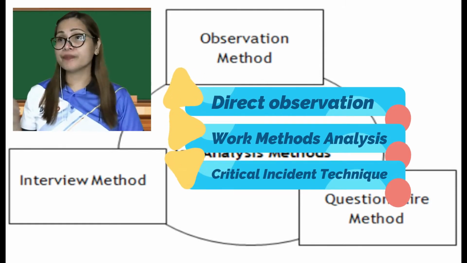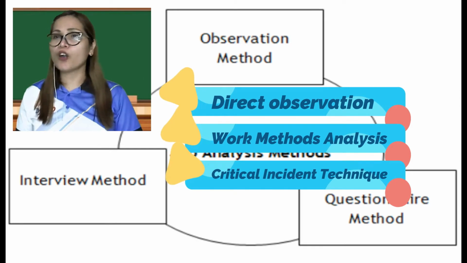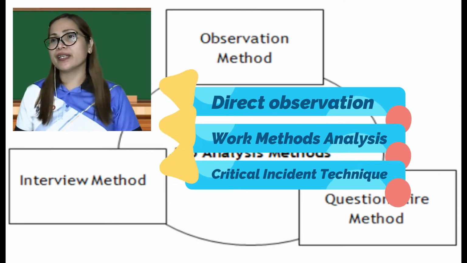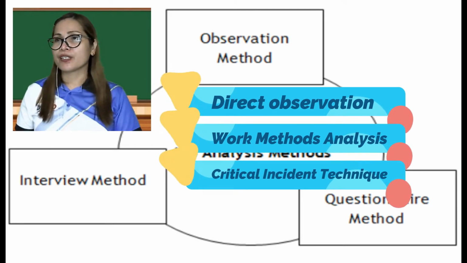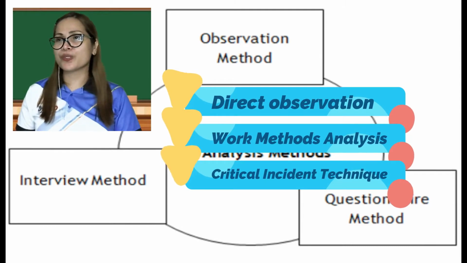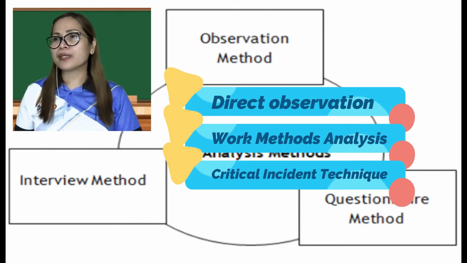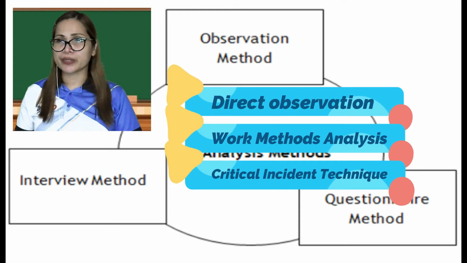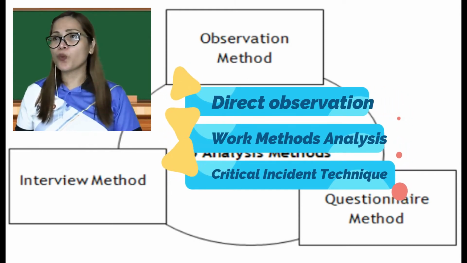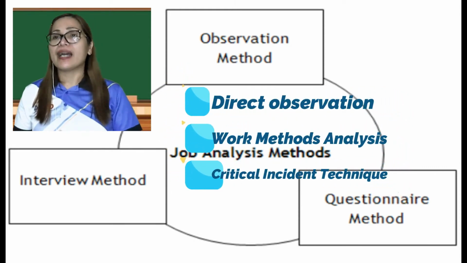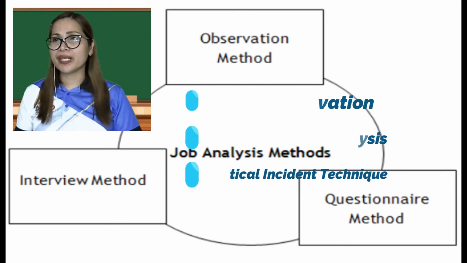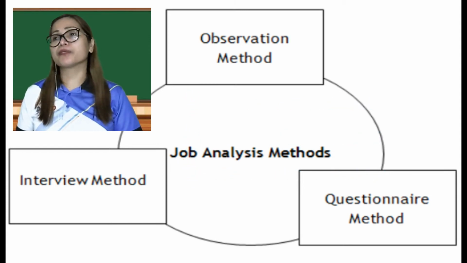The second involves the study of time and motion, and it's especially used for assembly line or factory workers. The third one is about identifying the work behaviors that result in performance.